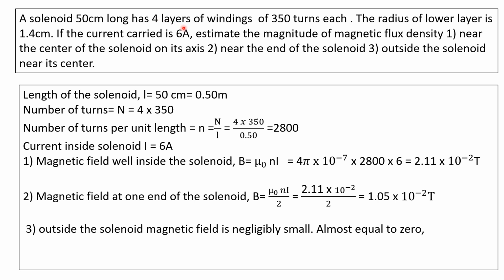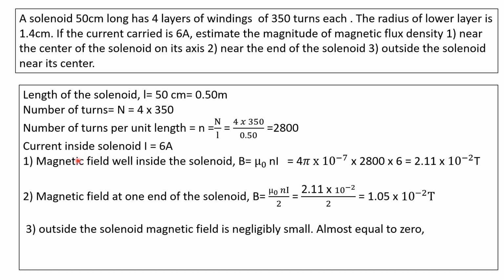Here we have 4 layers of winding, each of 350 turns, so 4 into 350 gives the total number of turns. Number of turns per unit length, small n, is equal to capital N by length, that's N by L, 4 into 350 by length 0.5, that is 2800 turns. Current inside the solenoid is 6 ampere.